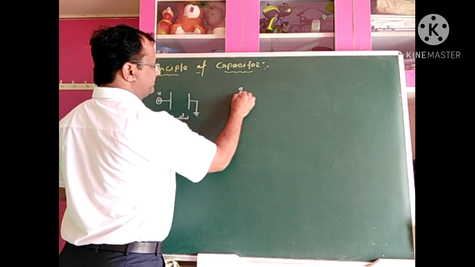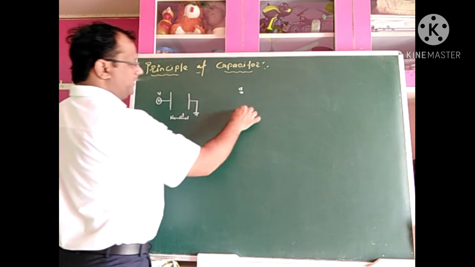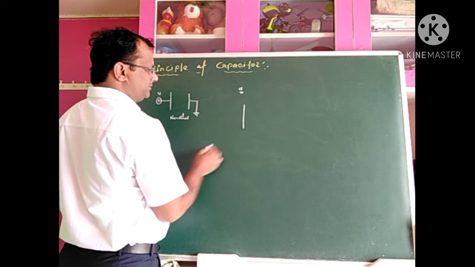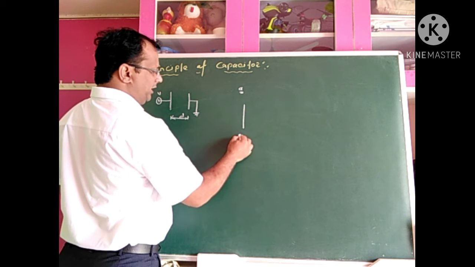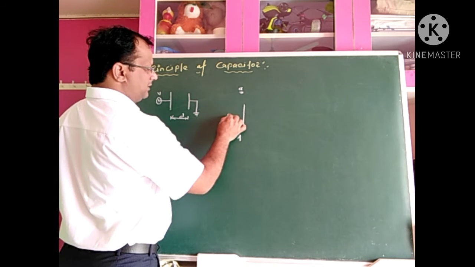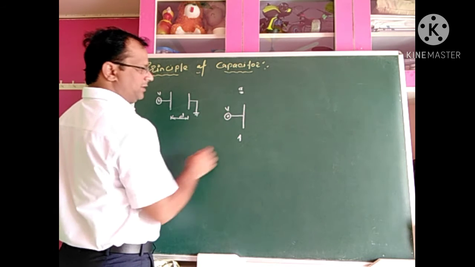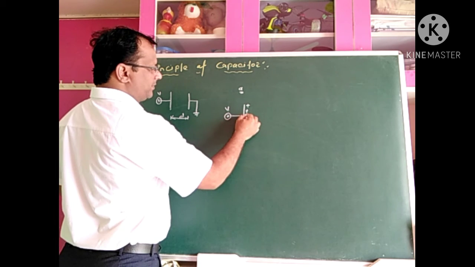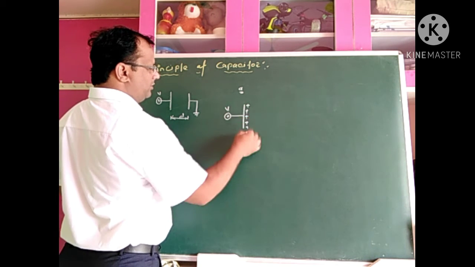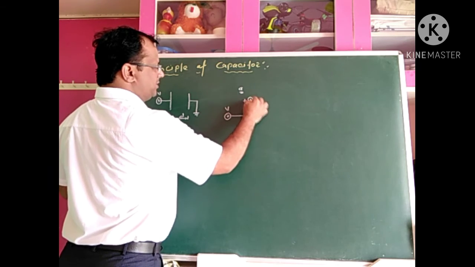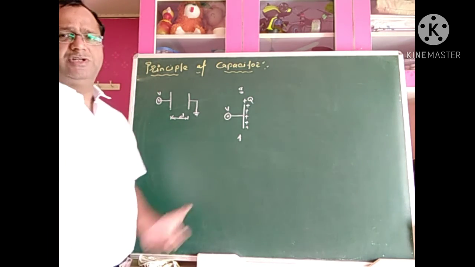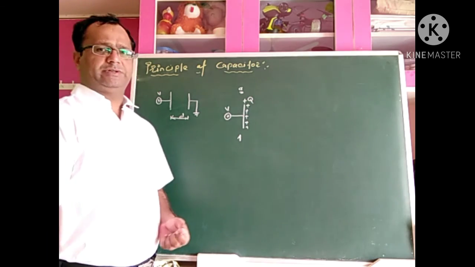Case A. Suppose we take a single plate of area A, and give this plate a potential V. Due to that potential, this much amount of charge is deposited on the plate.